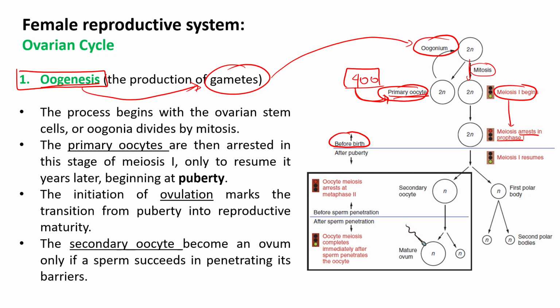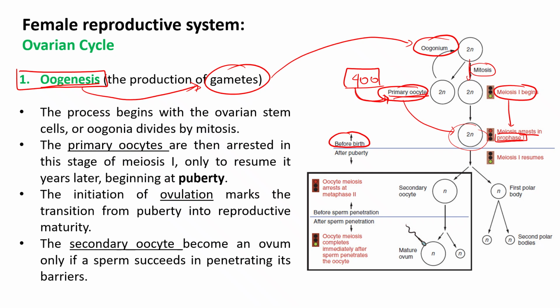You learned this in A&P 1: prophase, metaphase, anaphase, telophase. Meiosis is almost the same, pretty much the same. It's just that meiosis refers to that process in the germ cells. So notice that it's in prophase where the cell gets arrested. All the primary oocytes get arrested in prophase.